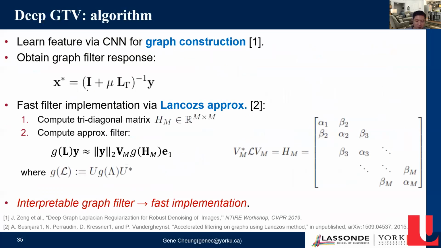And because we can interpret this as a low-pass graph filter, we know what the desired filter response should be. Therefore, instead of doing this, we can have a fast implementation through a Lanczos approximation. This is the equation that approximates the filter response, discussed in the second reference.